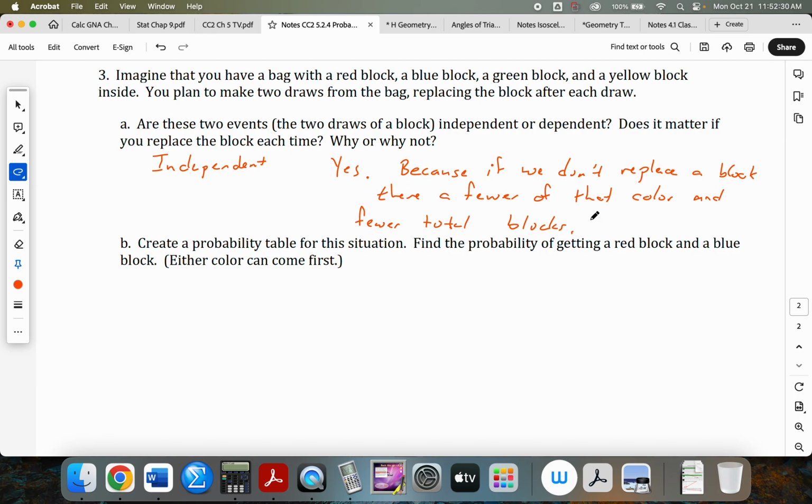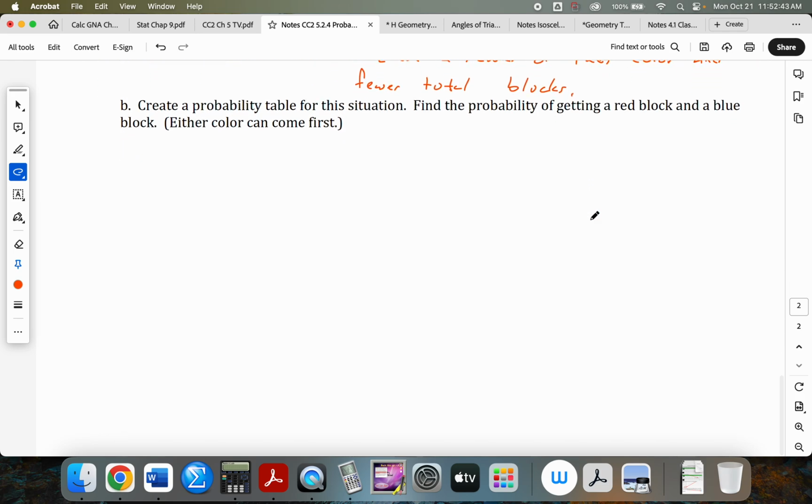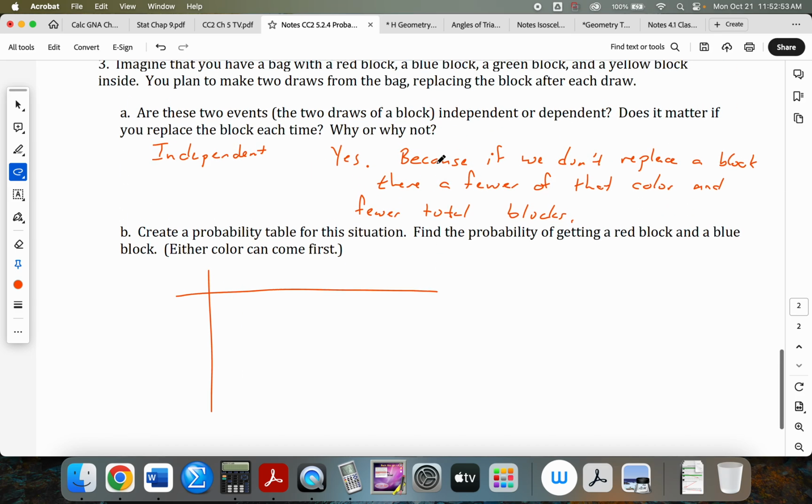What we have done is we have altered the sample space. If you alter the sample space, then the probabilities change. All right, so let's make a probability table. So what was it?